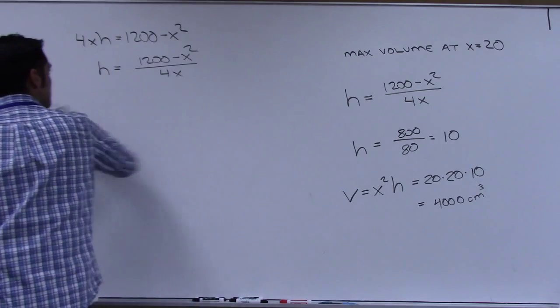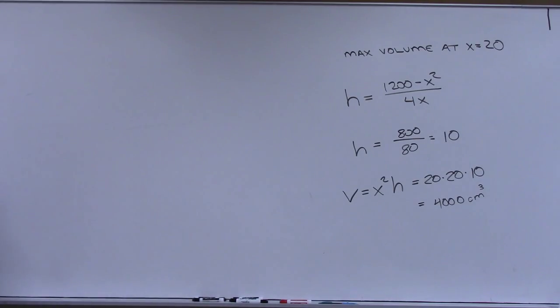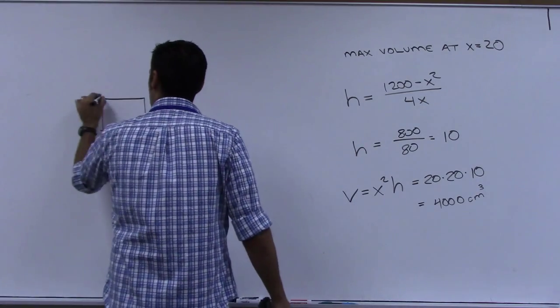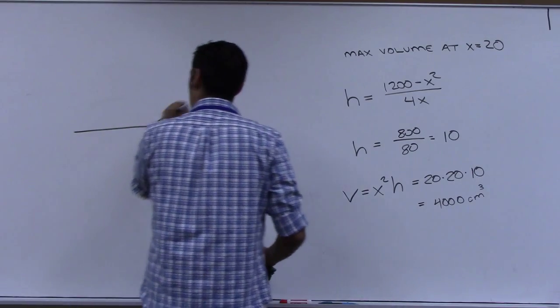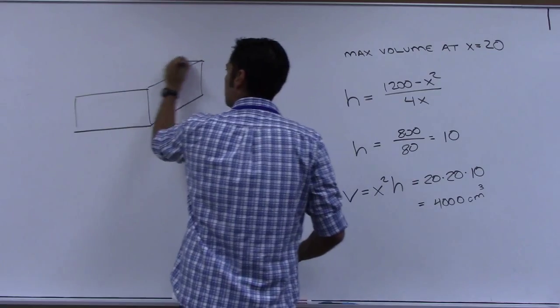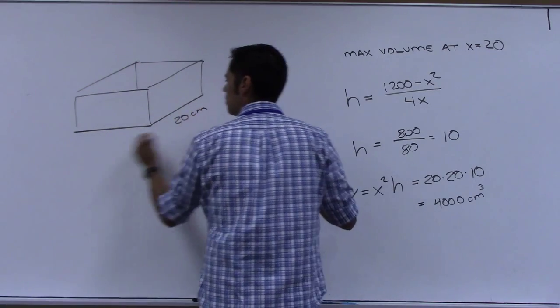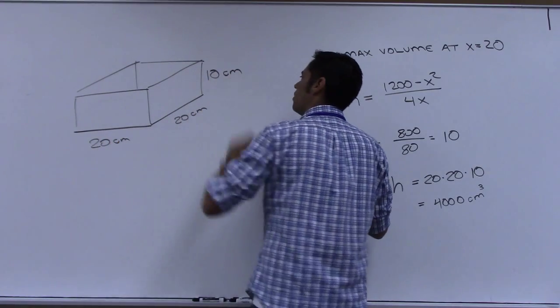So if I'm going to build a box with 1,200 square centimeters of material, and it's going to have a square base, then this is the way I'd build it. I would build it so that this was 20 centimeters, this was 20 centimeters, and this was 10 centimeters.